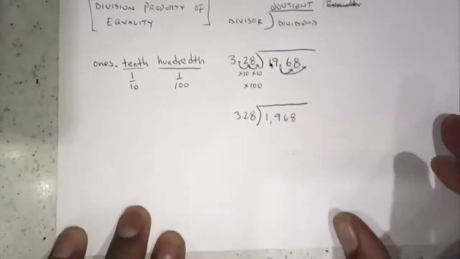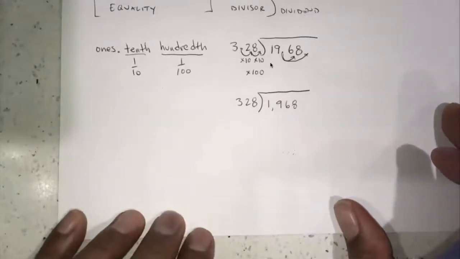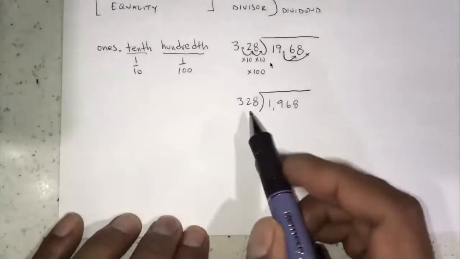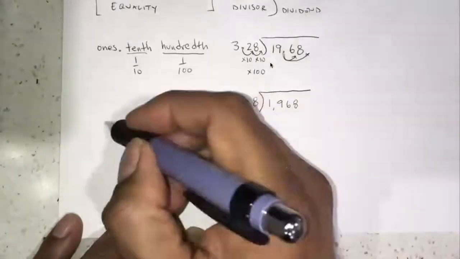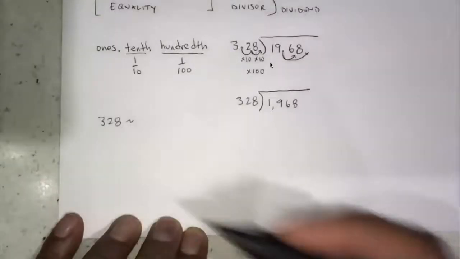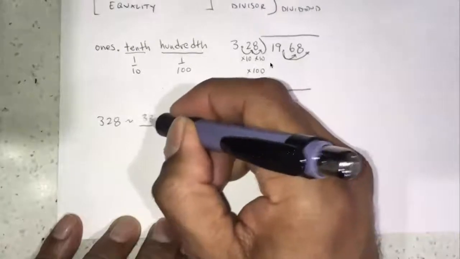Now, how do we do this division? I have a couple of little suggestions. This works for me when I'm dividing triple numbers into 4-digit numbers. I start by rounding up my divisor. I'm going to approximate it to 330.